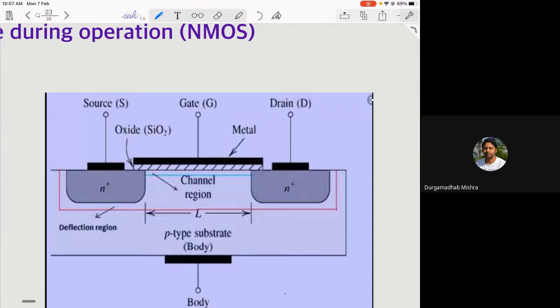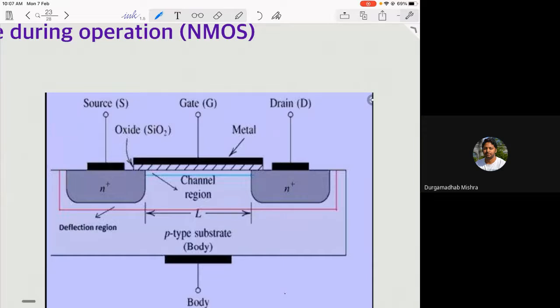That means we need a conducting channel through which electrons can flow, and that is possible when you apply a certain voltage to the gate. So the gate is acting like a switch. When the gate voltage is above a certain threshold voltage, only then will the channel open, and electrons will flow from source to drain.